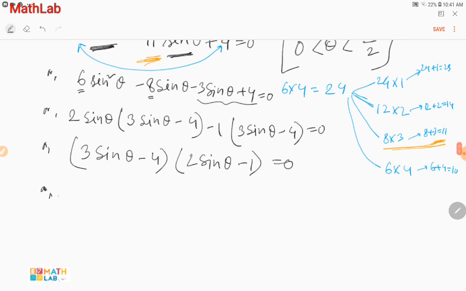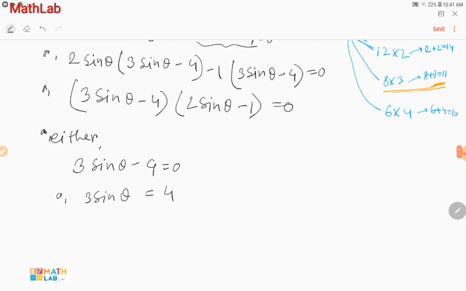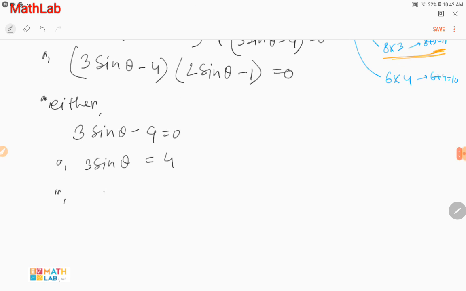So either 3 sine theta minus 4 equal 0, or 3 sine theta equals to 4, or sine theta equals to 4 by 3. Here we cannot accept this value, because 4 by 3 is 1.33.